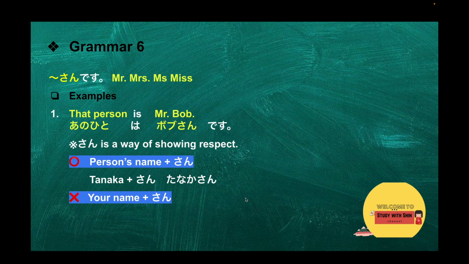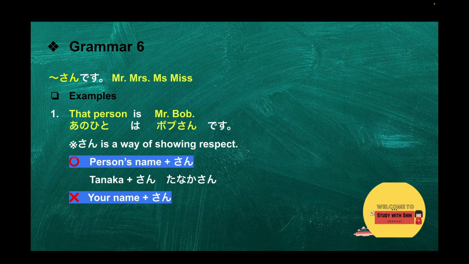Here, just like I made the mistake of saying my own name plus san, don't make that mistake, okay? Because we are not Japanese people, so we just try to memorize how to say these things, alright? So we sometimes tend to make mistakes, and instead of saying watashi wa shin desu when saying your own name, sometimes we say watashi wa shin-san desu.